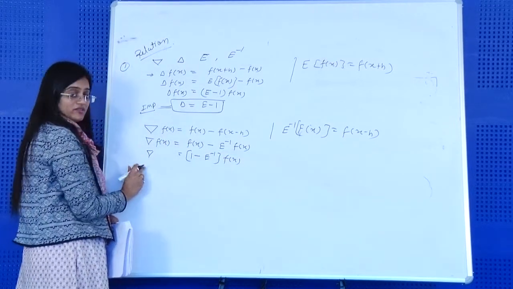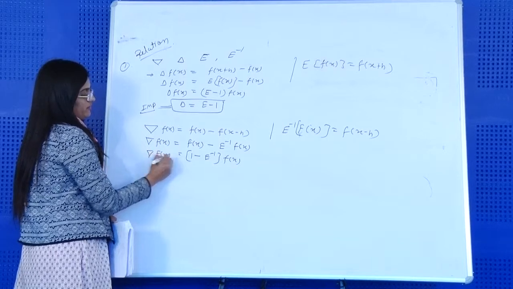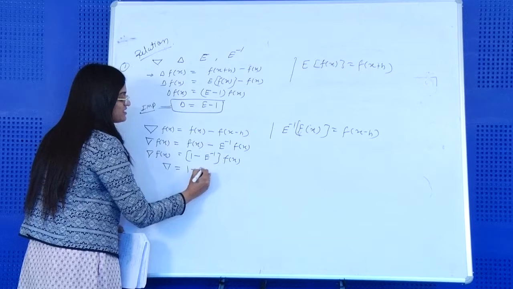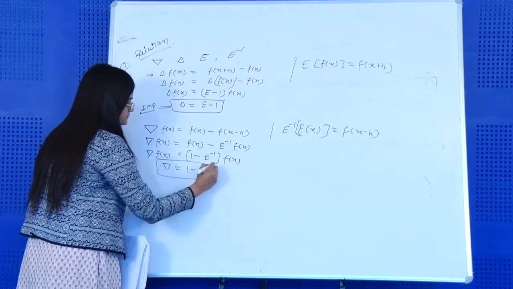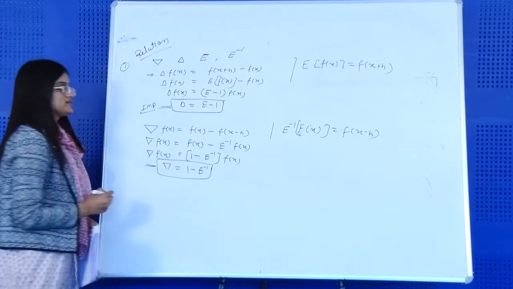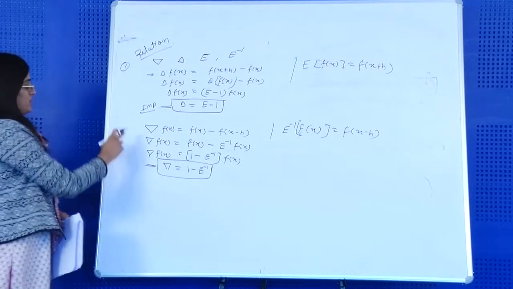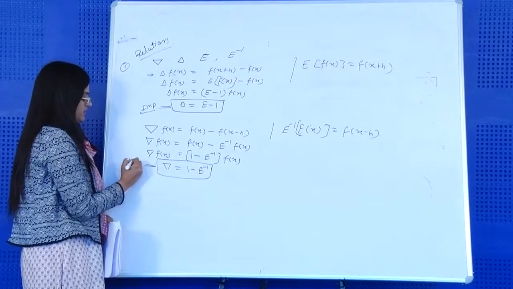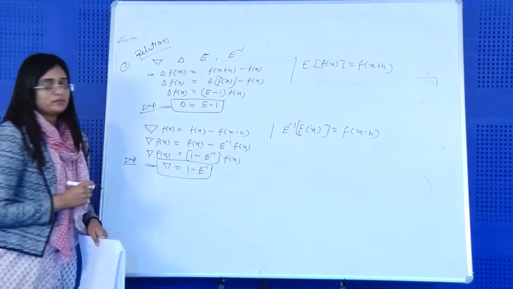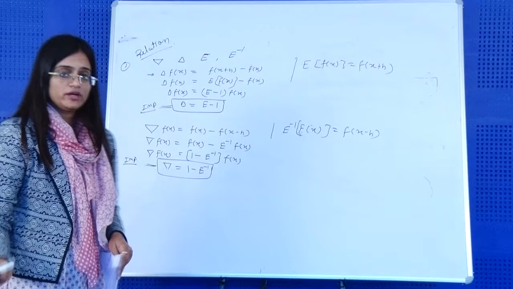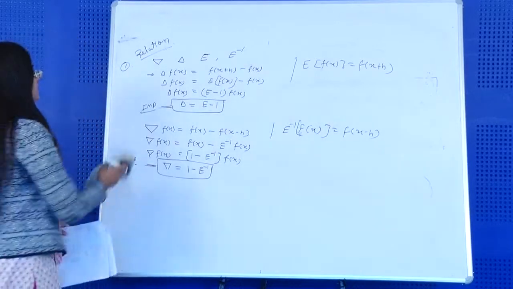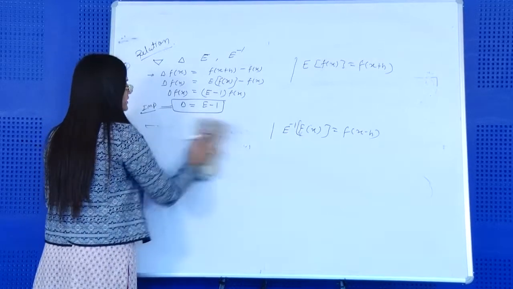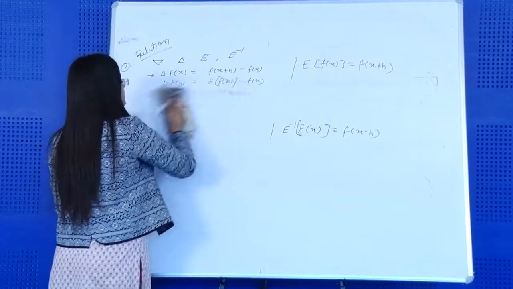On the left hand side we have nabla of f of x. So nabla equals 1 minus E inverse. This is another result which depends on nabla and E inverse. So basically we have two important relations between these four operators, and these results are very important in our interpolation theory.